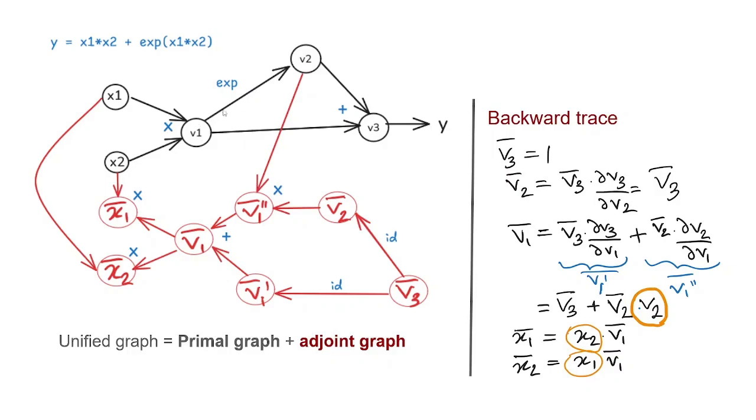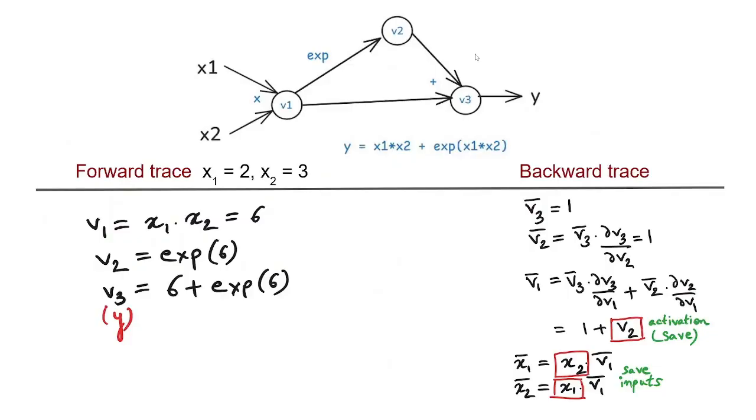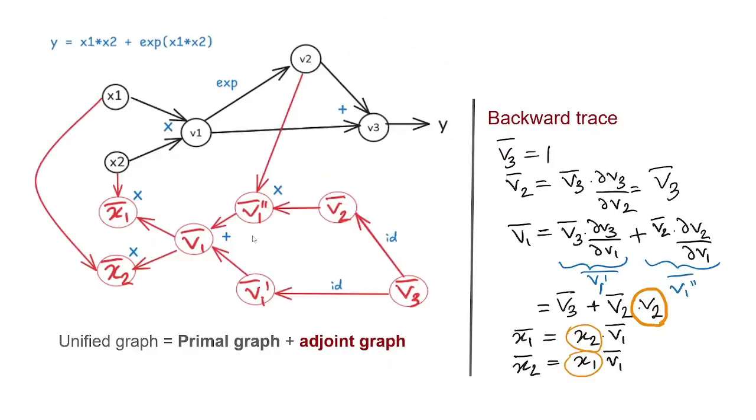What's the benefit of forming this separate adjoint graph explicitly? There are quite a few. First of all, if you wanted to take the derivative of derivatives, so if you were interested in Hessians, it's much harder to do it via this approach where we do just the backward pass. Once we have this adjoint graph, we can form another adjoint graph based on this if we were in need of Hessians, the double derivatives, at any point of time.